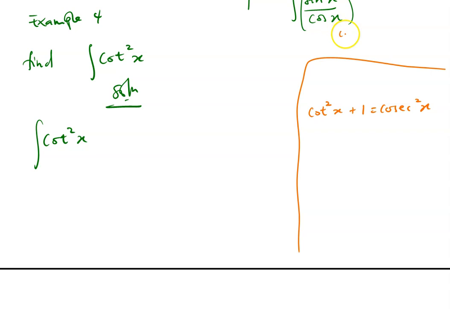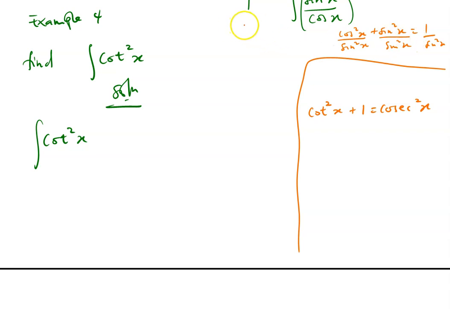The same applies. We are still using cos squared x plus sine squared x equal to 1. I can divide this side by sine squared x, divide here by sine squared x, and divide here by sine squared x.